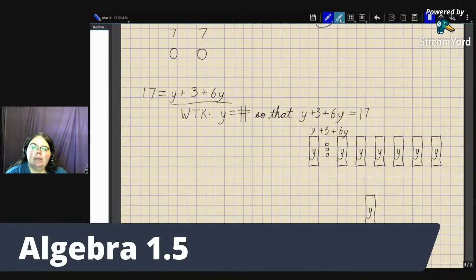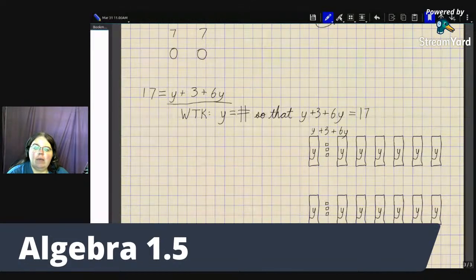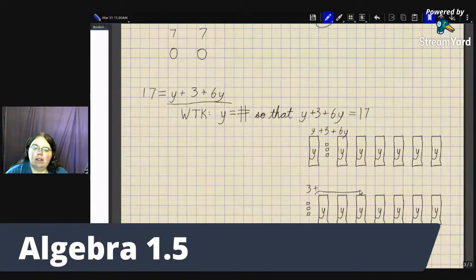Okay, so we need another 6y. Well, it seems to me there's a much more efficient way to write this, because what if we just put all the y's together? So I'm not changing the value. I'm not taking anything out of this side of the equation. I'm just saying, okay, what if we move the pieces around a little bit? And so then we could have 3 plus 7y.